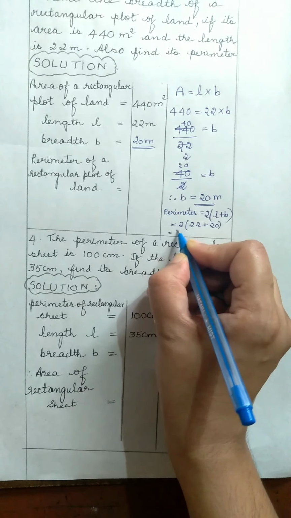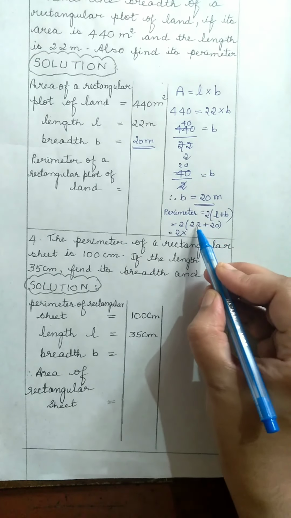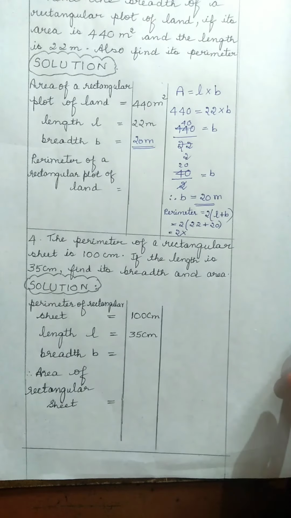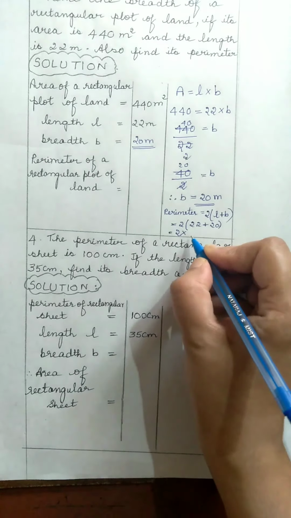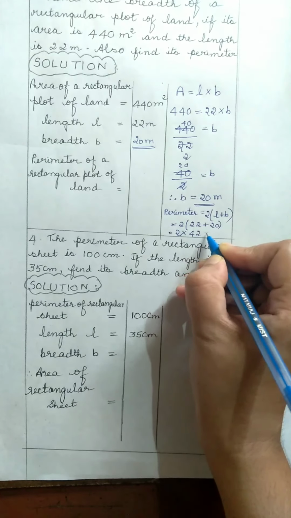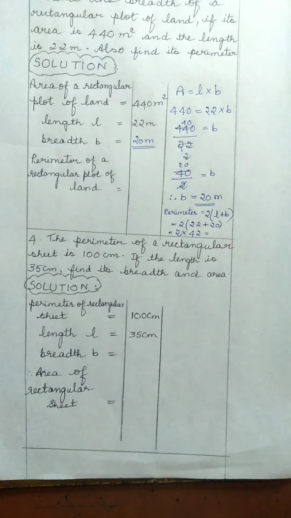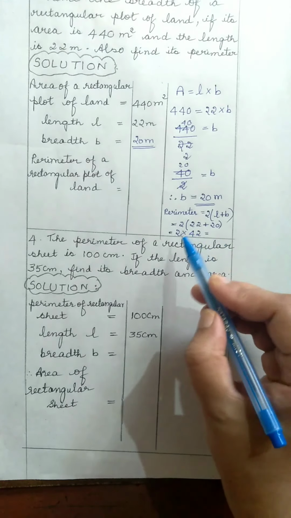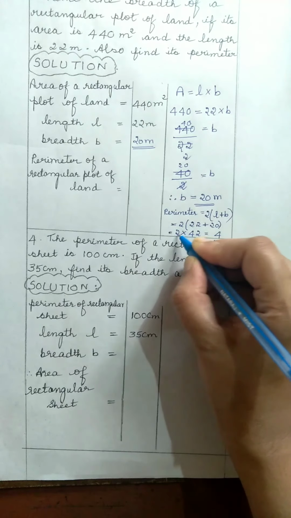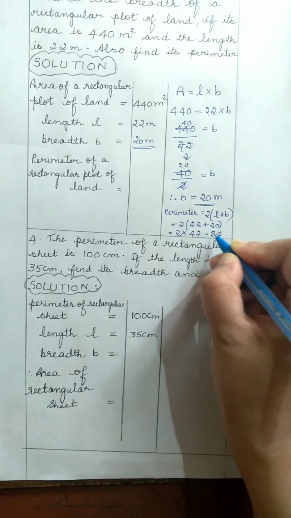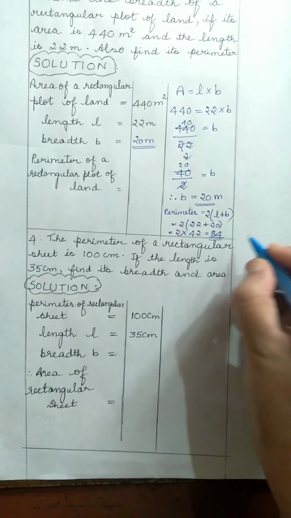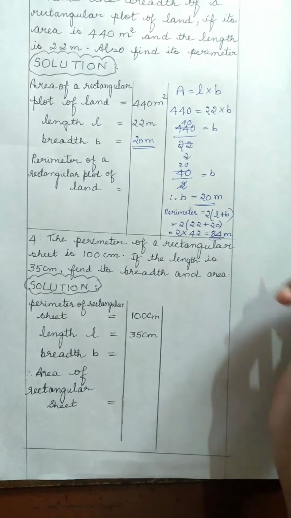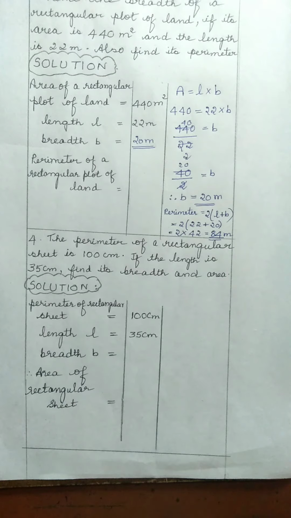Therefore, 2 into 22 plus 20. 22 plus 20 will be equal to 42. Therefore, in the next step, 2 into 42. So, 2 2s are 4, 2 4s are 8. Therefore, 84 meter will be the answer for the perimeter.